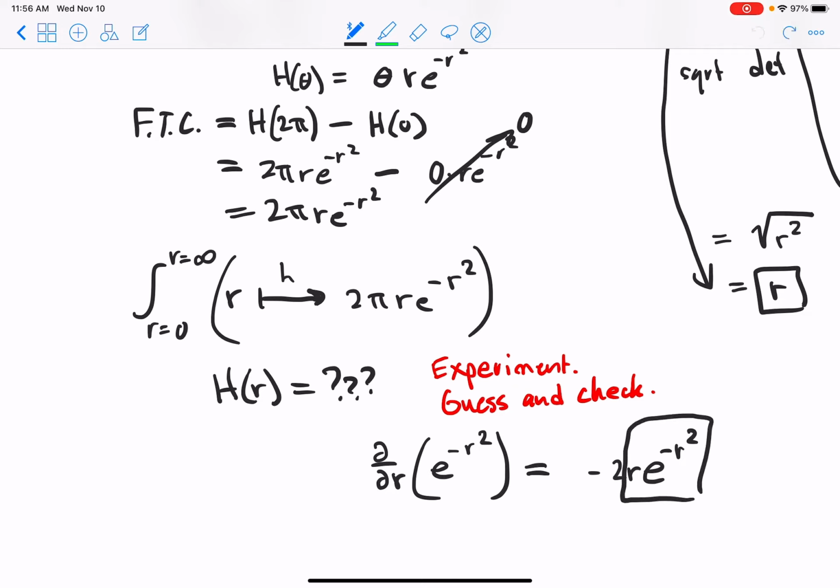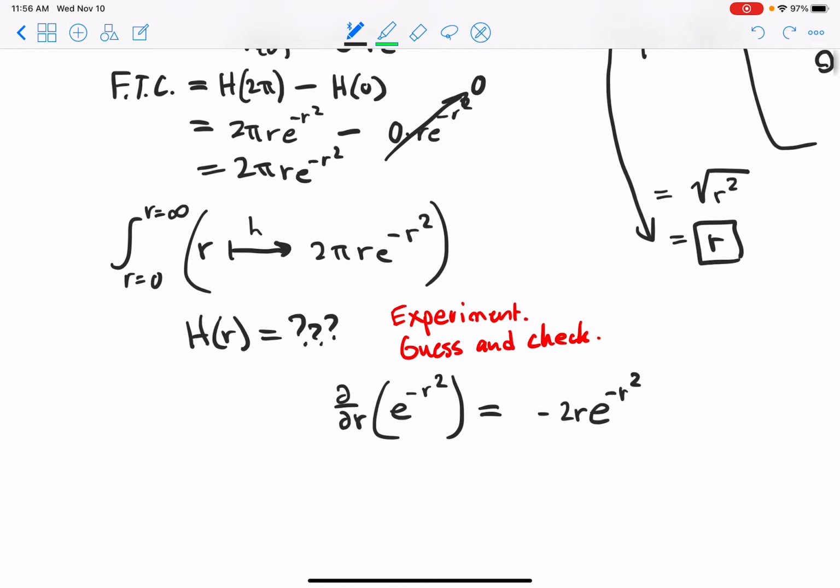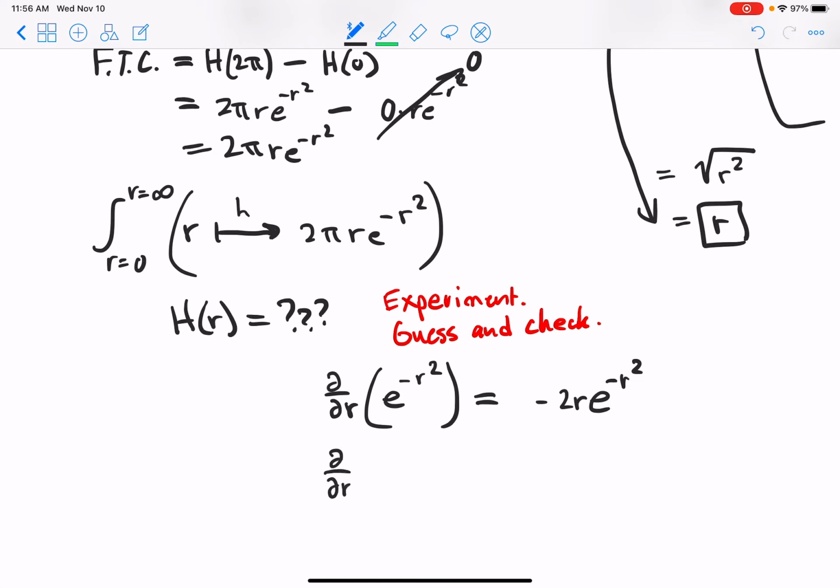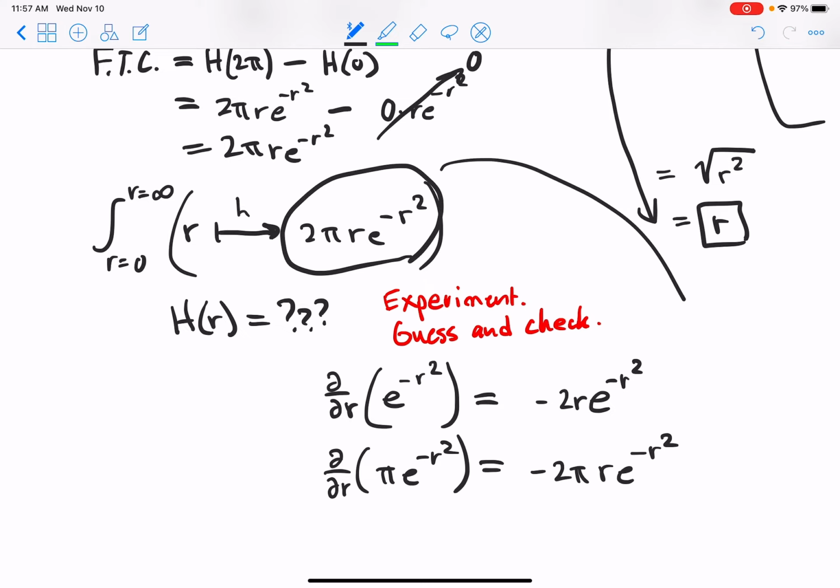That is great. In fact, there's even a 2 there, and there's a 2 there. The only thing I'm missing here is a pi. I really wanted there to be a pi, and then I would know that this was my capital H. So let's mess with it some more. Let's take partial r of pi times e to the minus r squared. Well, pi is just a constant, so it hangs out. And I just get minus 2 pi r e to the minus r squared. Just exactly like I did before, except there's a pi. And now I'm saying, wow, this and this are almost the same.